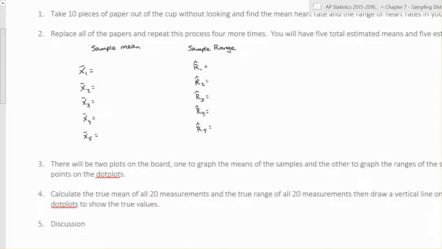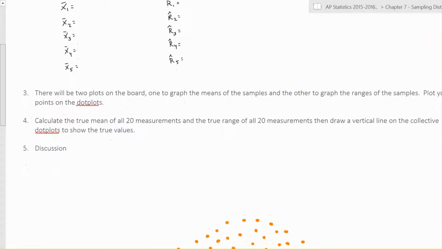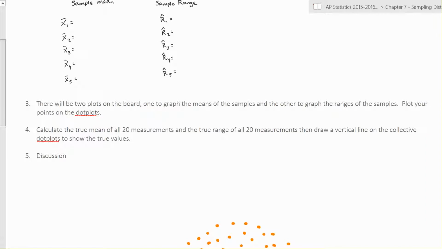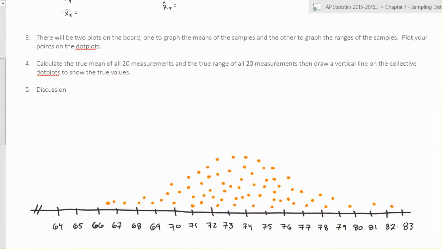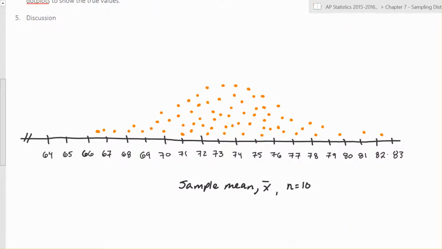Then I asked you to find the sample range. So the sample range is going to be the difference between the largest and smallest heart rate in the sample that you took from the cup. And then you made two dot plots on the board, one showing the sample mean that you calculated from the sample of 10, and it should have looked something like this.